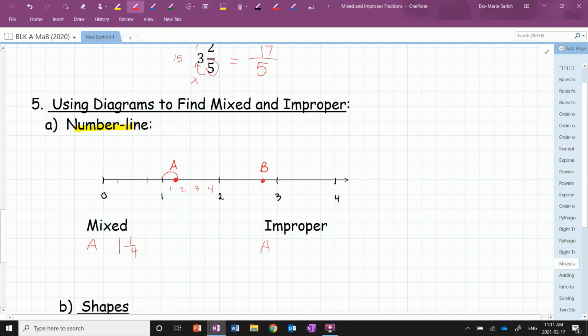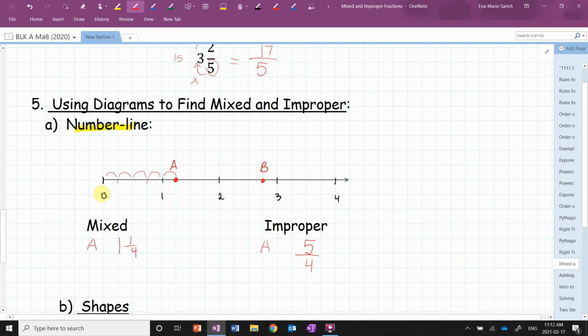The improper for A is how many pieces have we actually moved to get to A? Well, we have moved 1, 2, 3, 4, 5 spaces. So 5 pieces that have been cut into 4s.